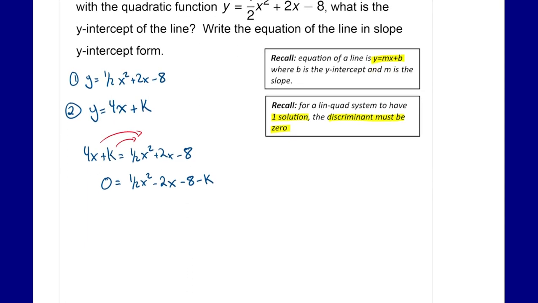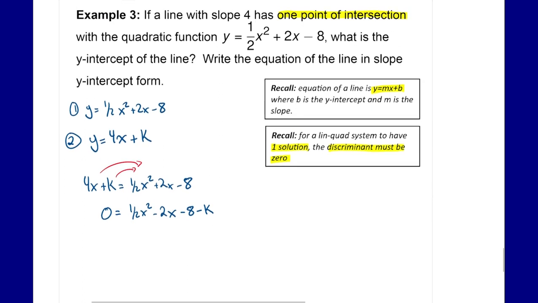Now, if we were trying to find the points of intersection, we would try to factor and find the x values, but we're not trying to do that. We're trying to find the y-intercept, or this k value. This is where the one piece of information that we are given comes into play, the one point of intersection.